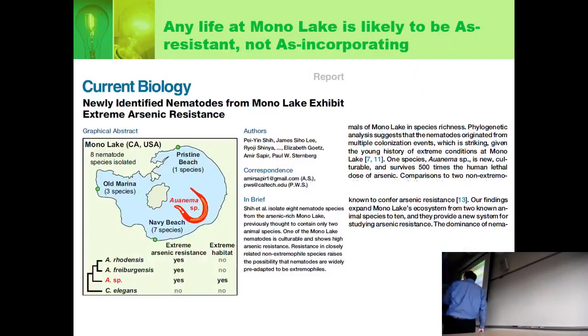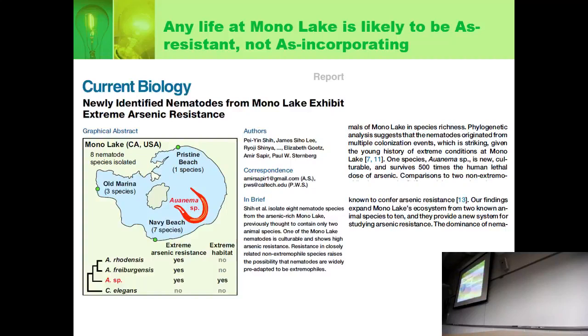Okay, so how can anything live there? I don't know if I got this right in the book. I don't know if I said there are no animals in Mono Lake. Well, at least they knew there were two, and by animals we mean really small worms, okay? But they actually went to Mono Lake, and since that time they found more worms.